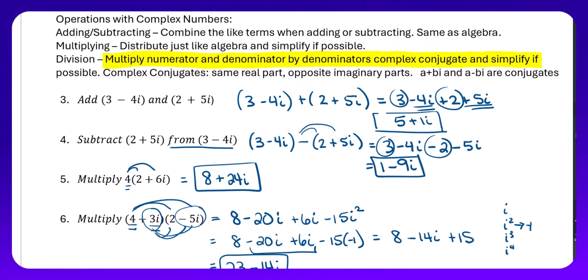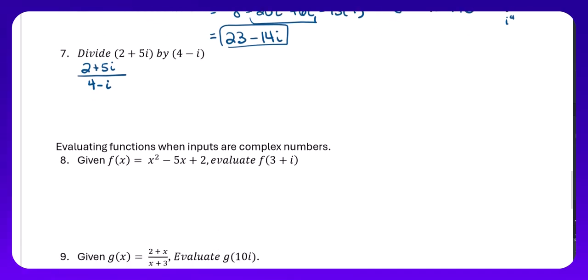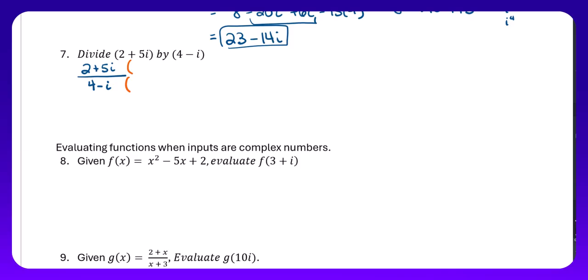The complex conjugate has the same real part and the opposite imaginary part. So a plus bi and a minus bi are complex conjugates. So I am going to multiply the top and the bottom by the denominator's conjugate, 4 plus i.